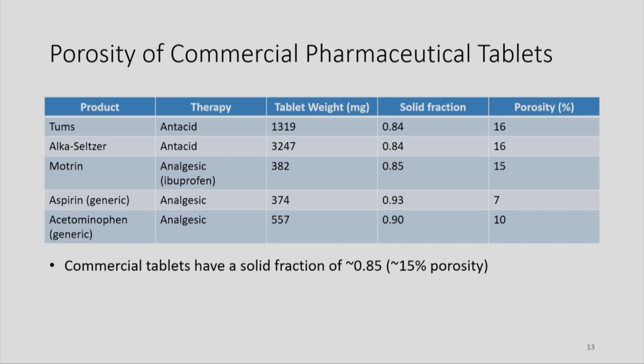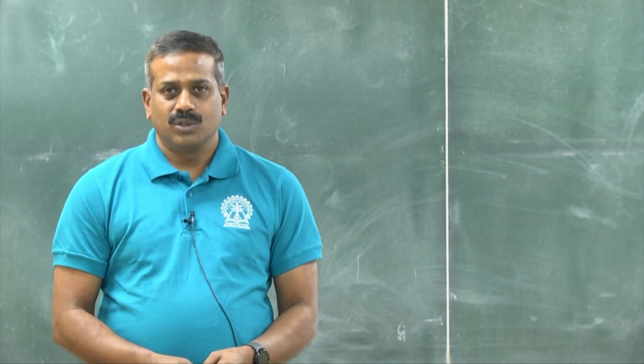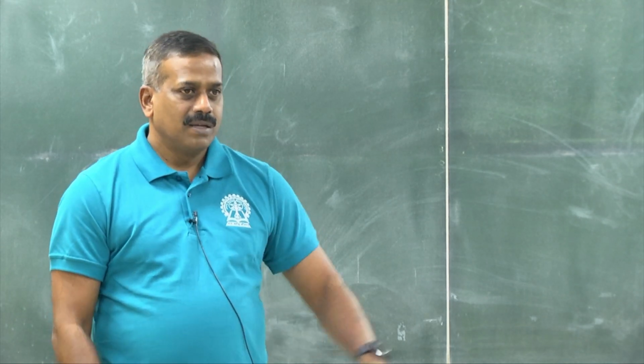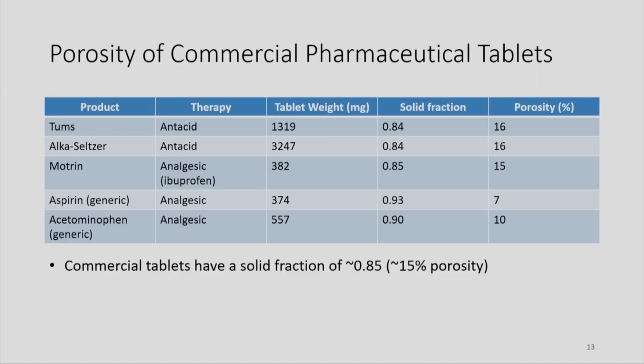In the example I talked about yesterday, Tums and Gelusil in general have higher porosity than aspirin and acetaminophen. Those medicines have to be released slowly, so their porosity will be low. But Tums or Gelusil are immediate-release medicines, so their porosity will be a little higher, so that the fluids in your stomach can act quickly.